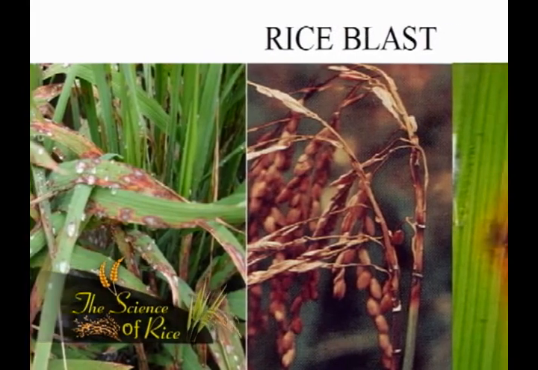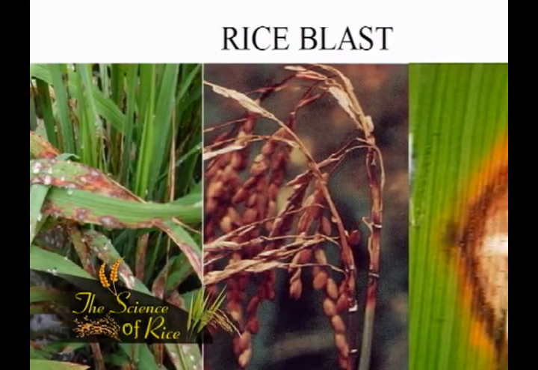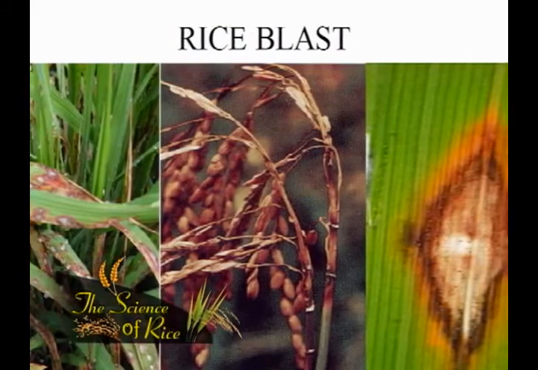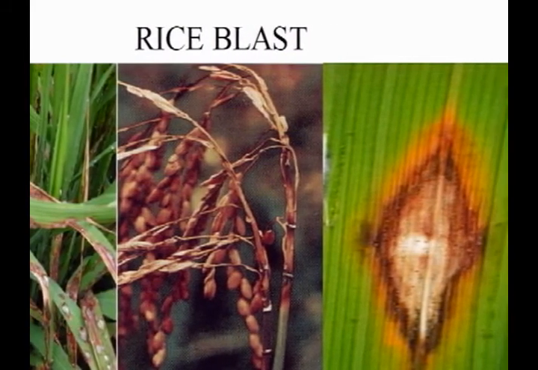Rice blast is one of the most destructive diseases and can easily be identified on rice plants. To identify the blast symptoms in the field, basically you can look for what we call diamond-shaped lesions with an ashy gray center and dark brown margins.